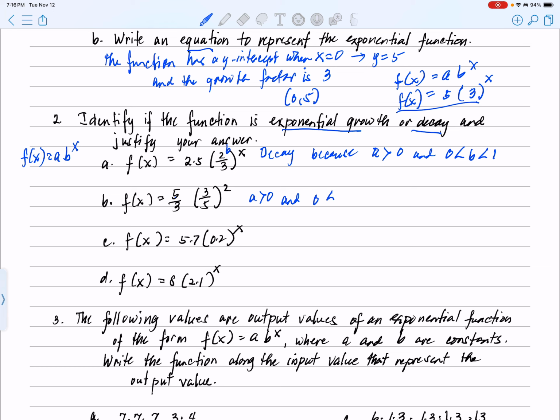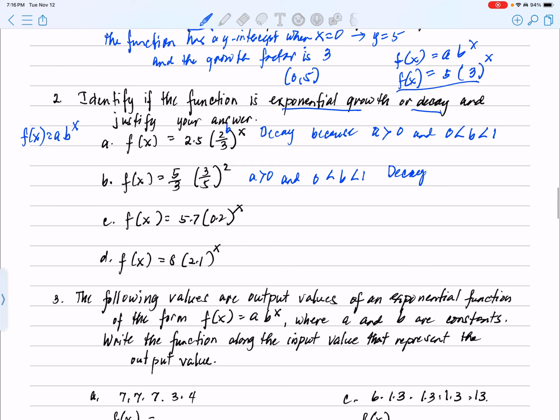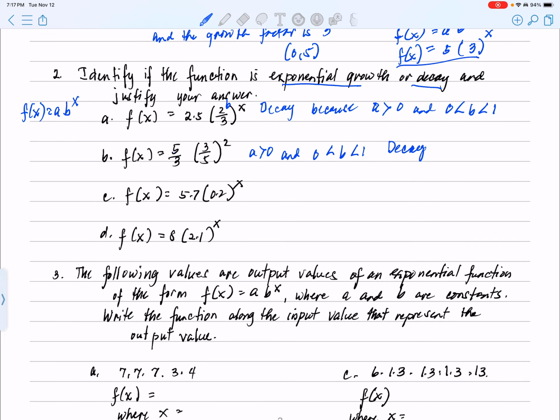So that means this is decay. Letter C, 5.7, okay, a is greater than 0, but our b is still between 0 and 1. So this is still a decay.